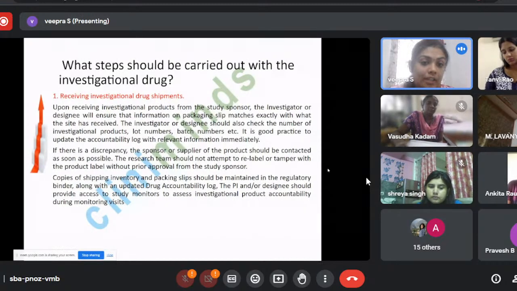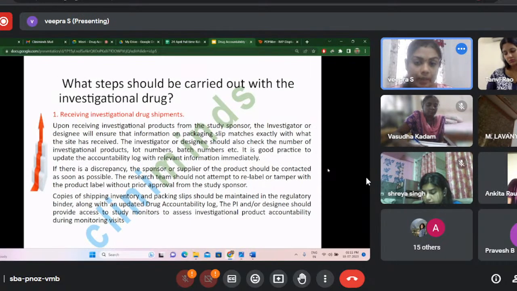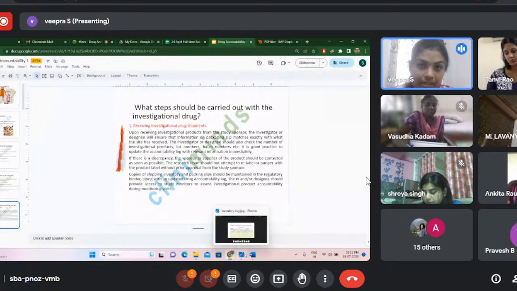The details of the IP received at the site, the details of the IP dispensed to the subject, and the details of the IP sent for destruction. These three pieces of information you can see in the inventory log or master accountability log. This is the document; this is an example of that.